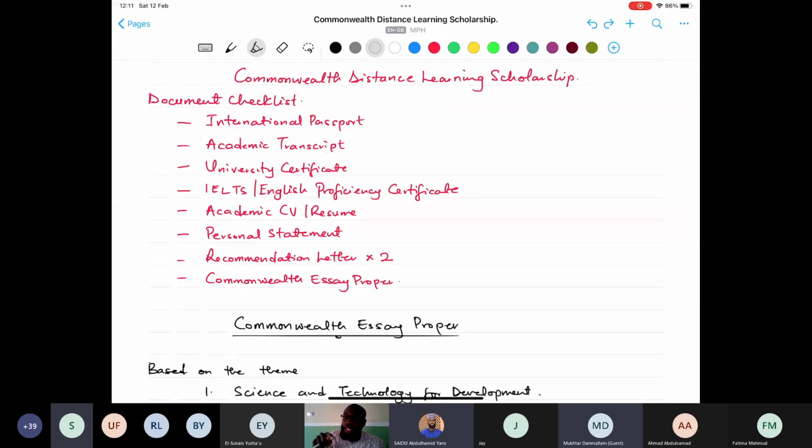One, they would send an email to the person you put as your recommender, and the person is going to fill it in and send it back to them. Secondly, you also need a PDF or Word document of a recommendation letter from that person, because for most of those universities, you would have to upload a recommendation letter. So those are the two phases.